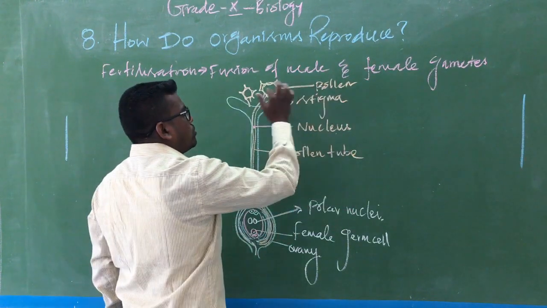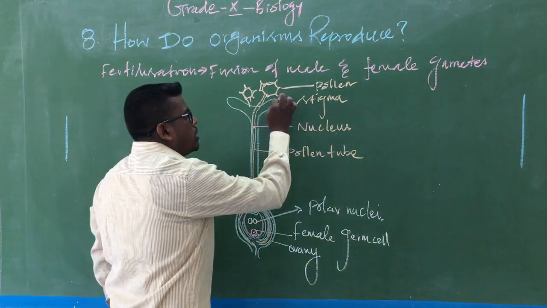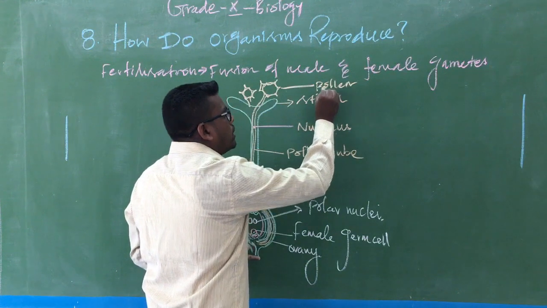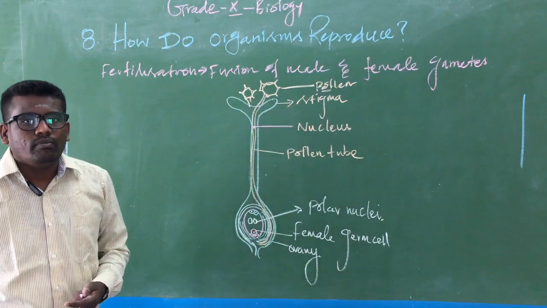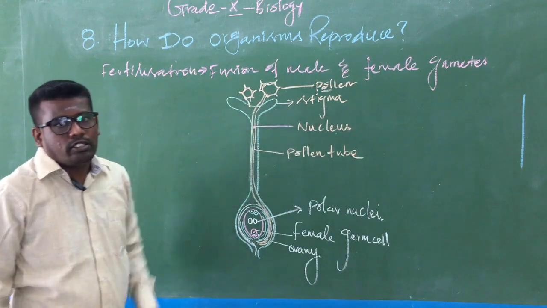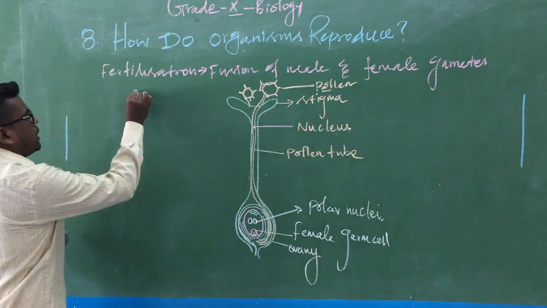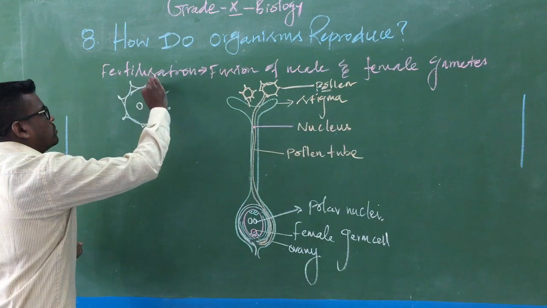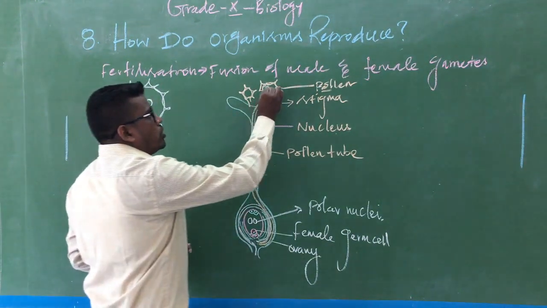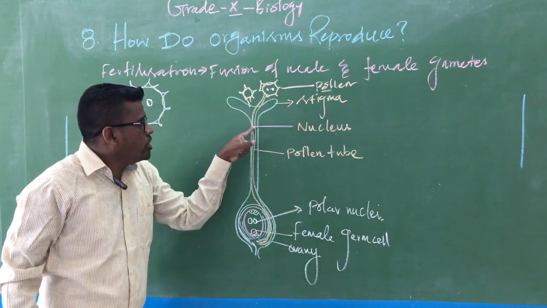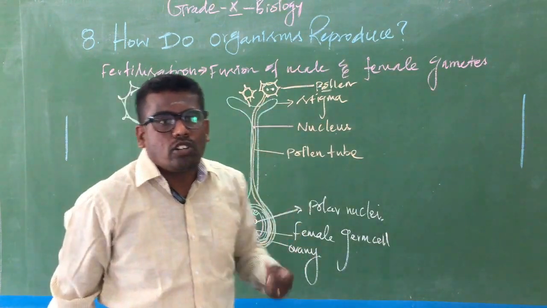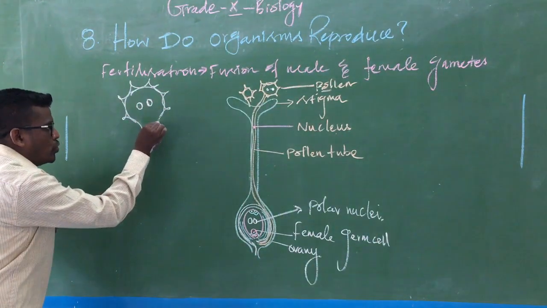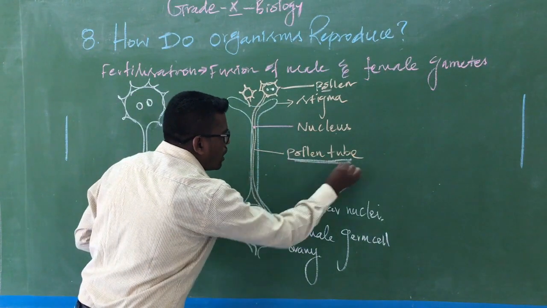After transfer, the stigma has a sticky nature, so the pollen grain easily attaches to it. The pollen grain has two nuclei. After reaching the stigma, the pollen grain starts to grow and forms a tube. This is called the pollen tube.